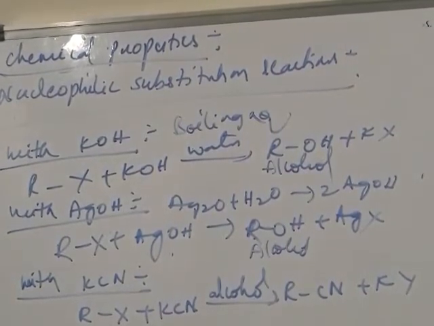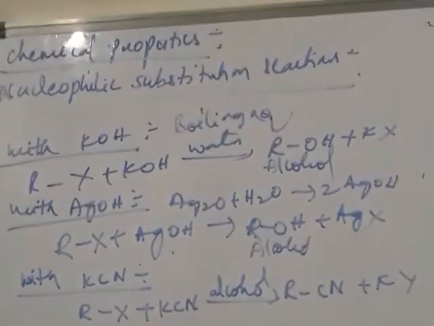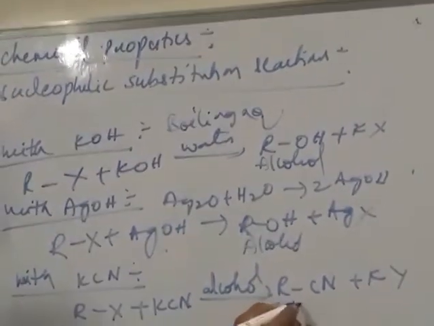Next, reaction with potassium cyanide, alcoholic potassium cyanide. Here the halogen atom gets substituted with the cyanide, CN, and we get alkyl cyanide.